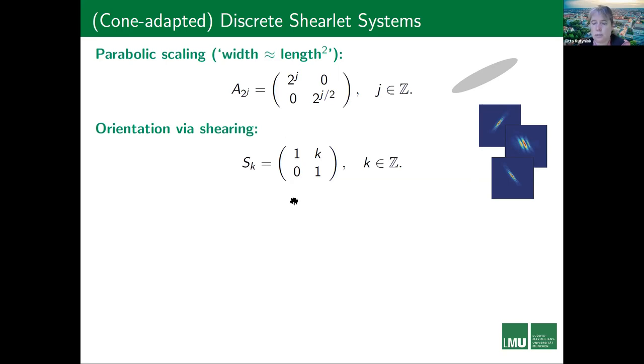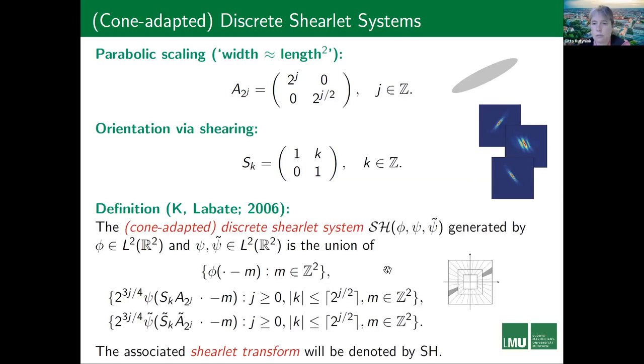But with shearing, that's possible, and so one can define formally these discrete shearlet systems. You see here again the translation on the plane, this M, and then the shearing and the parabolic scaling operator. And you see here how the frequency domain is tiled in a very, very fine manner.